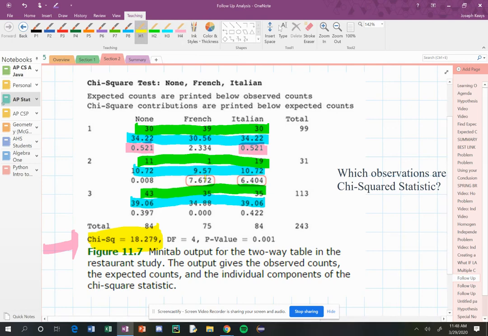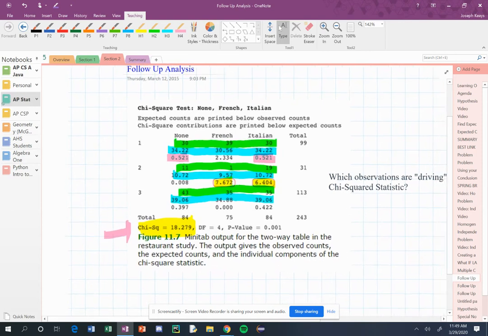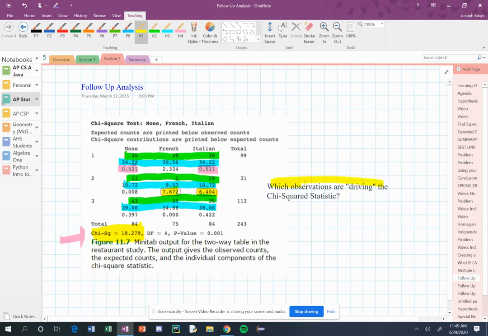So in this one, almost 14 of the 18 in chi-squared are coming from these 2 little subgroups in here. So in your FRQ question, when they're talking about which observations are driving the chi-squared statistic, these are the 2 that you want to make mention of.